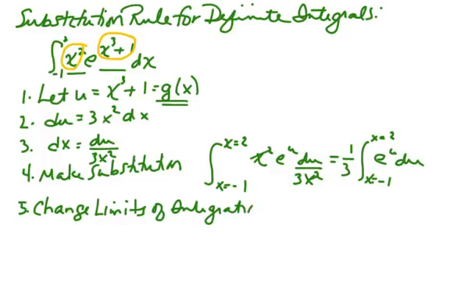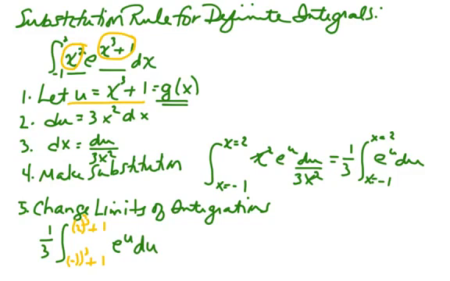Whatever you let u equal, you've got to go back and put the x's in there for the limits of integration to get a value for them. So this is -1 cubed plus 1, and the upper limit is 2 cubed plus 1. That converts them to u, and then of course the rest of the function stays in terms of u.